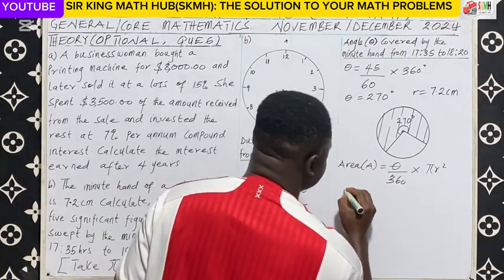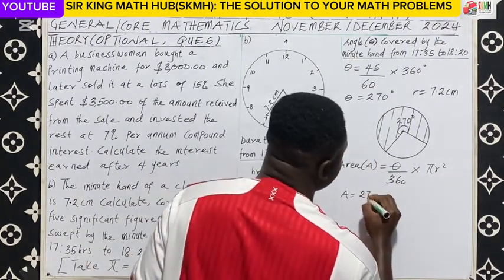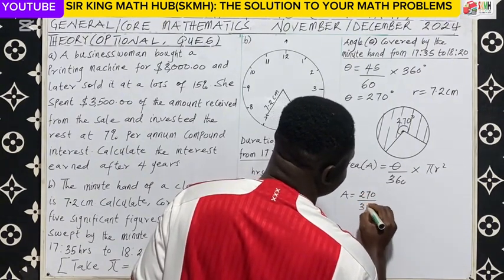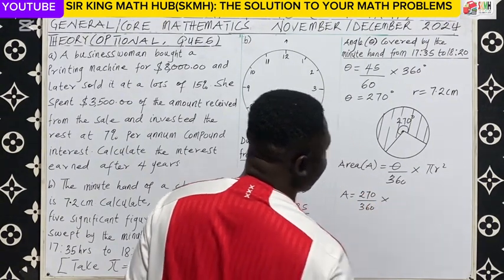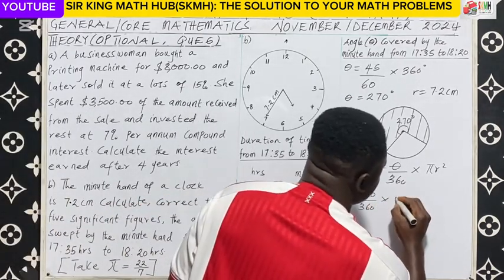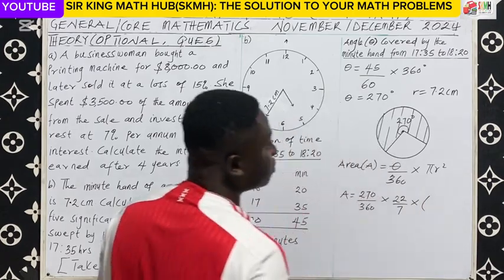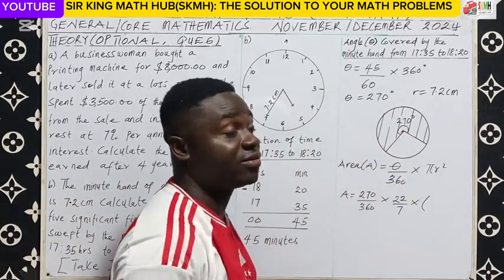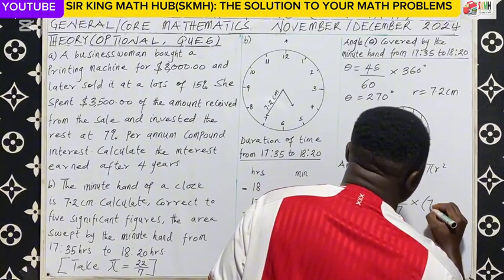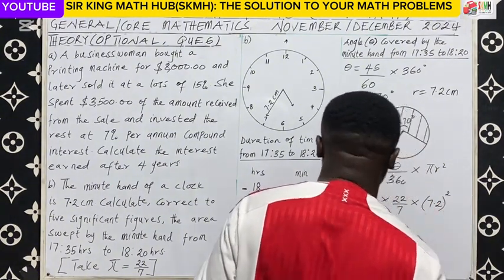With this, we can do the substitution. We have theta to be 270 divided by 360 times pi. We are asked to take pi as 22/7. So 22/7 multiplied by the radius. The radius here is the length of the minute hand, that is 7.2 centimeters squared.